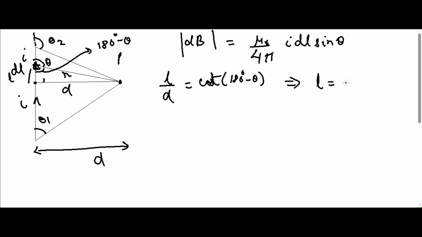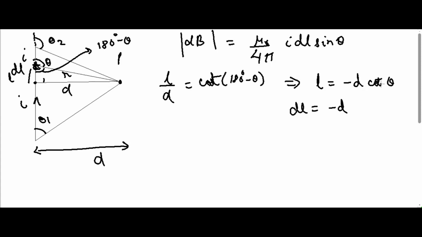L will be equal to minus D cot theta. If I differentiate both sides of this equation, because D is constant, dl will be equal to minus D times the differentiation of cot theta, which, if you remember, is minus cosec square theta.